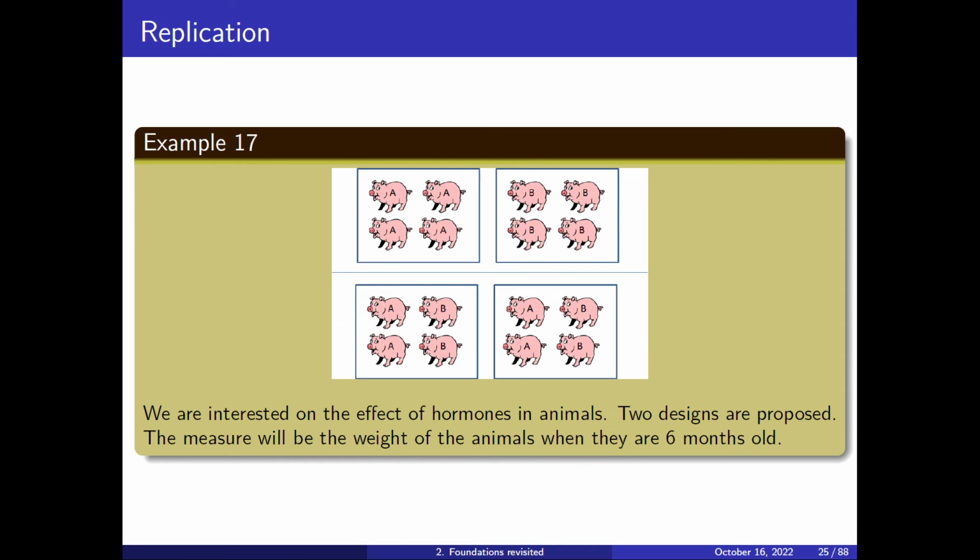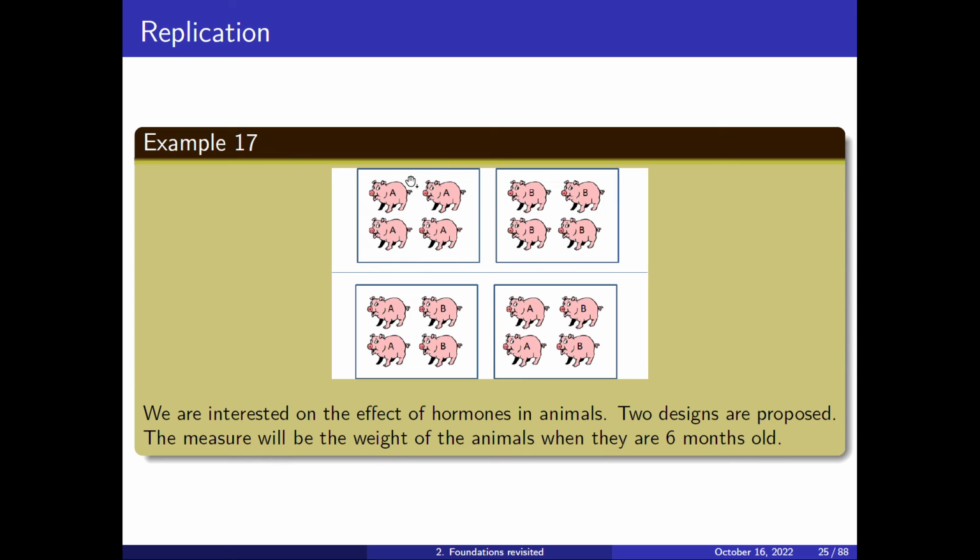Let us consider these two different proposals for measuring the effect of some hormone on the growth of animals. So you will give some hormones to different animals, and you will measure how they grow, and you will see the difference in their weight after 6 months.